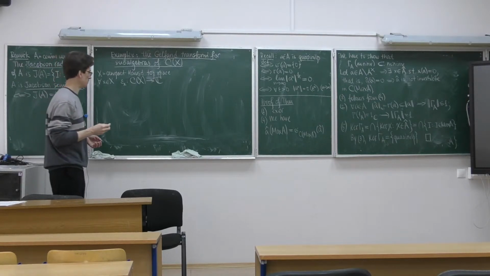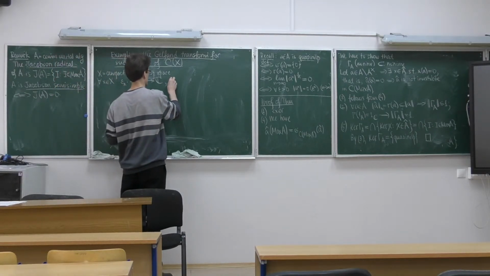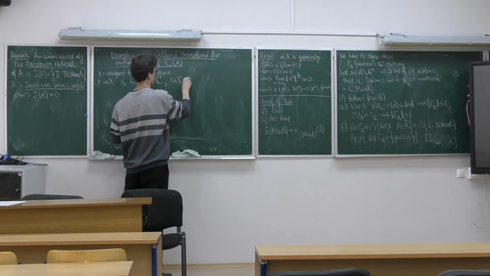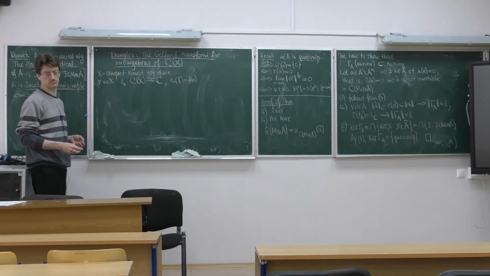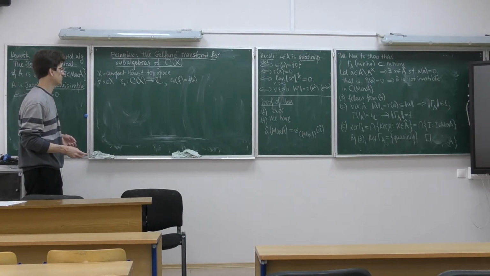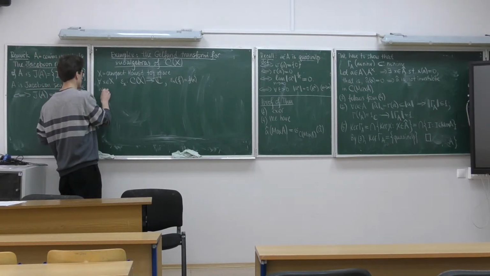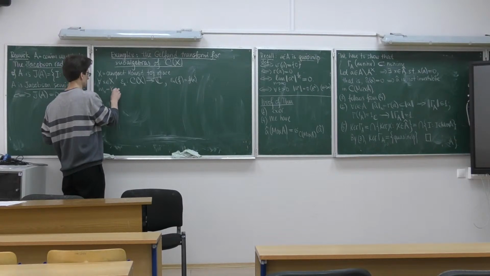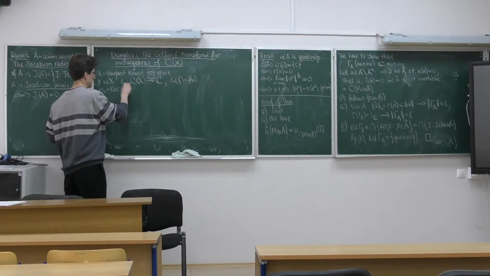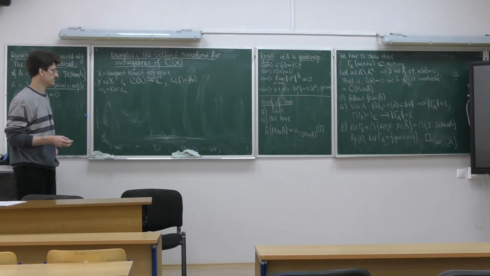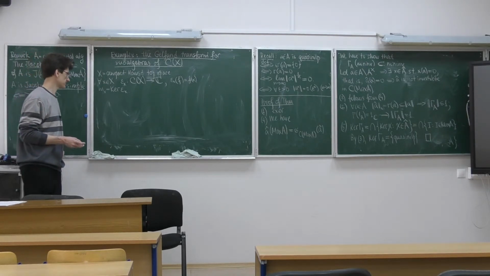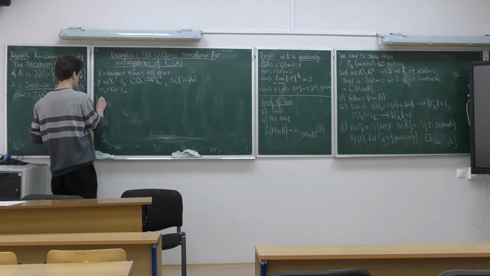This is just the evaluation at little x. So clearly this is a character of our algebra. And let's denote by n_x its kernel. This is the ideal of functions vanishing at x. We have the following lemma.